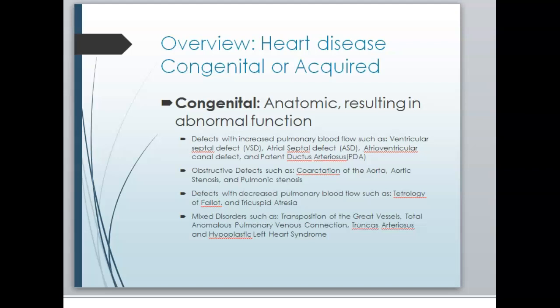Obstructive defects can also be a congenital anatomic defect. Examples of that would be coarctation of the aorta, aortic stenosis, and pulmonic stenosis.